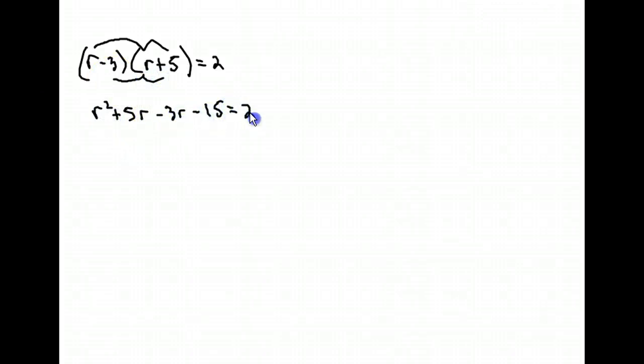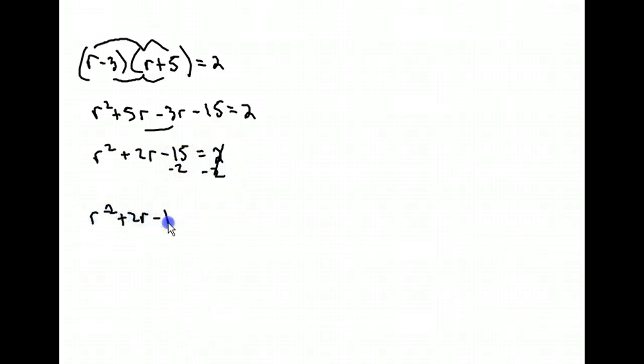So these two combine, and we'll have r squared plus 2r minus 15 equal to 2. It has to be equal to 0, so we subtract 2 from both sides, and we end up with r squared plus 2r minus 17 equal to 0.